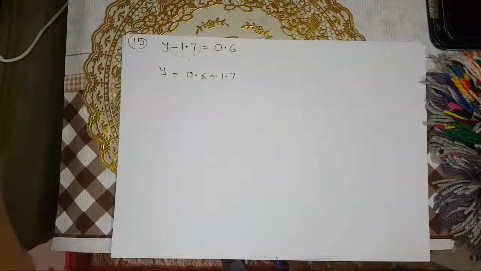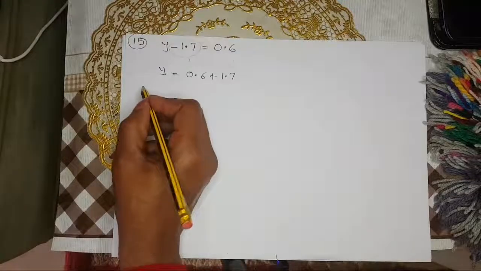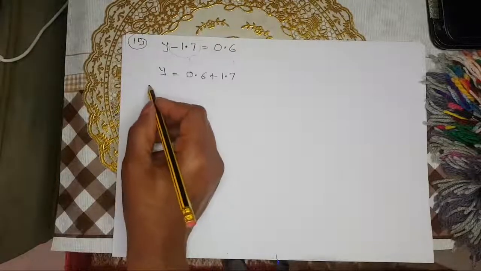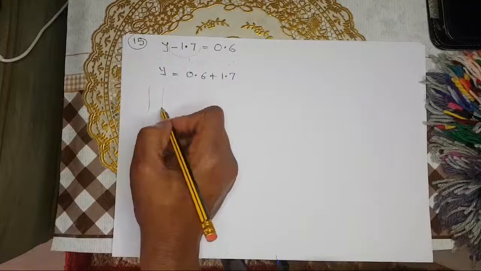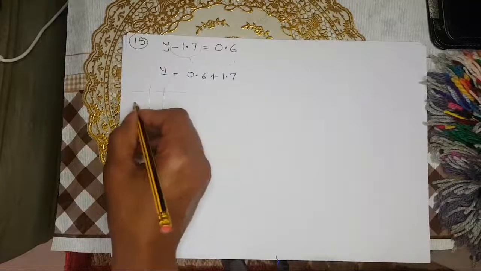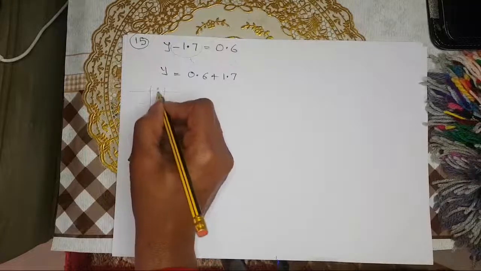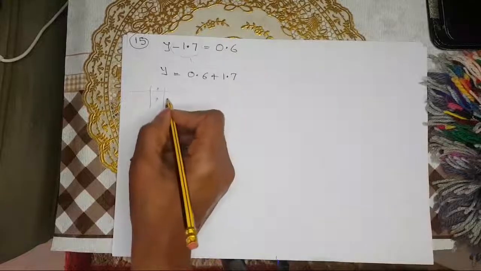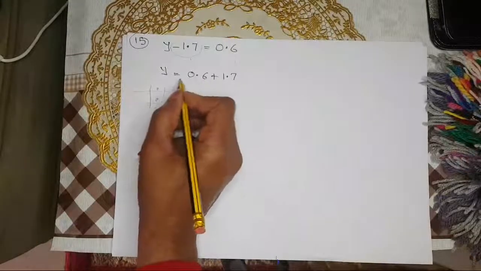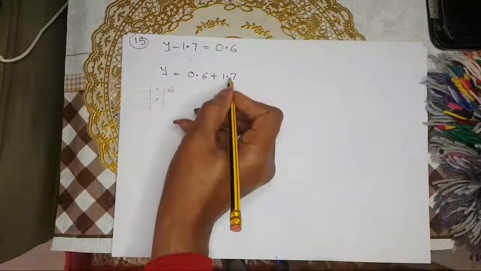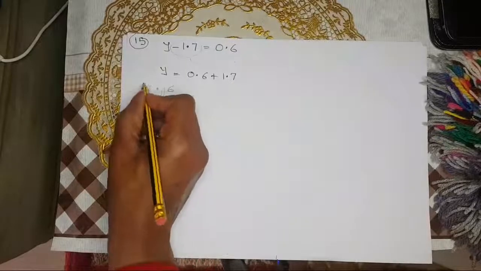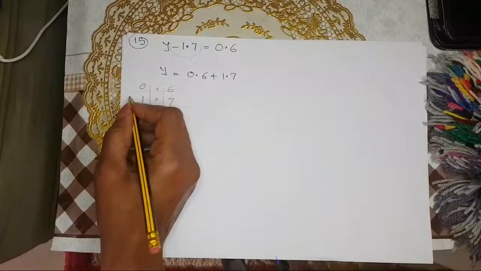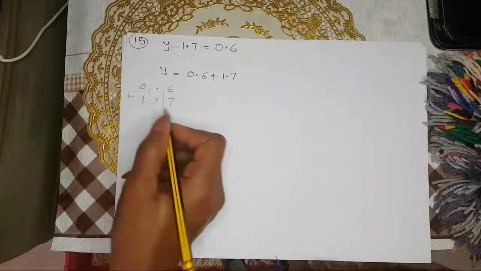So you add them. Remember how you add it? If you don't know how to do it, you can draw a line like this. Make sure everything is in its box. You put dot and dot. Write the first one up, 6. What is close to the dot? 7, 0, and 1. Don't forget to add.